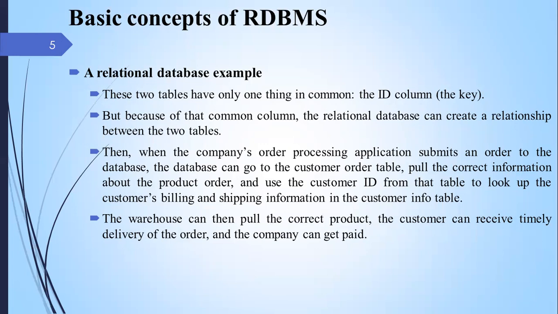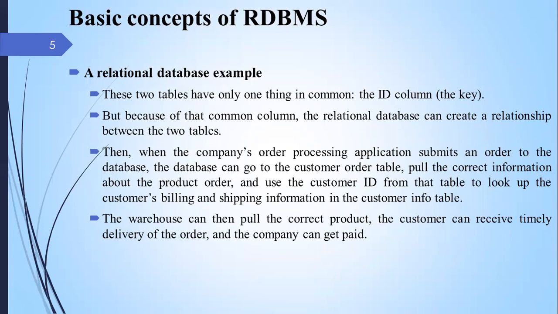Then when the company's order processing application submits an order, the database can go to the customer order table, pull the correct information about the product order, and use the customer ID from that table to look up the customer's billing and shipping information in the customer table.